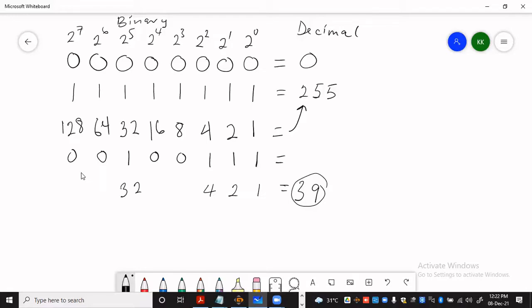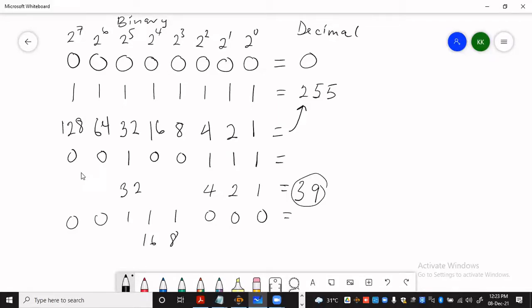Another one. 0, 0, 1, 1, 1, 0, 0, 0. Now we only switched on 2 raised to the power 3. So it means this value is 8 over here. We also switched on 2 raised to the power 4, which is 16.